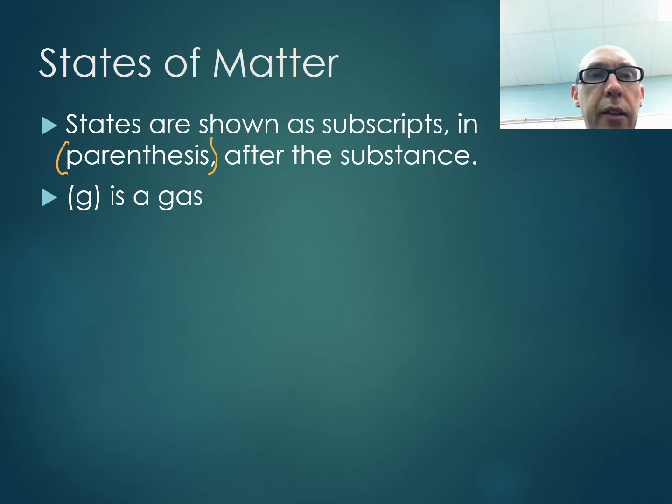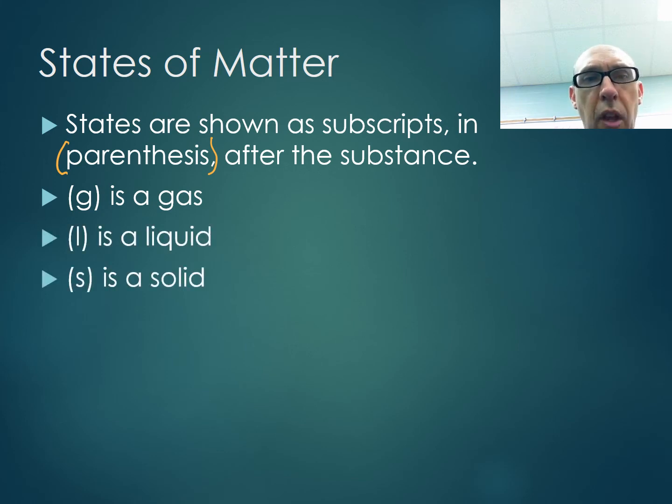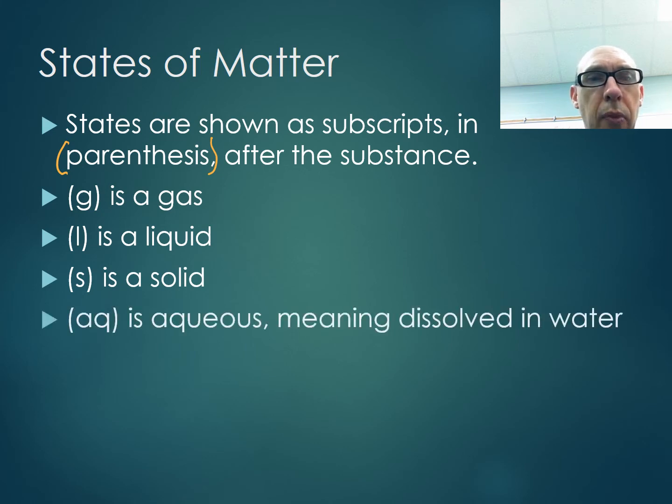So G for gas, L for liquid, S for solid. Those make a lot of sense to us. The next one, AQ. AQ stands for aqueous, which means that the substance was dissolved in water. And those are the 4 standard states that we were going to work with.